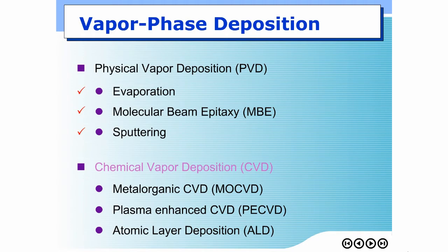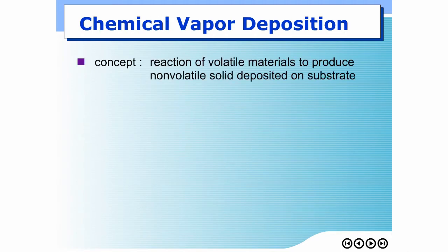In chemical vapor deposition, basically we want a reaction of vapor, and the result of the reaction is supposed to be a solid, and that solid would be deposited on the substrate as the thin film that we want. There are so many types of reaction that we can employ.